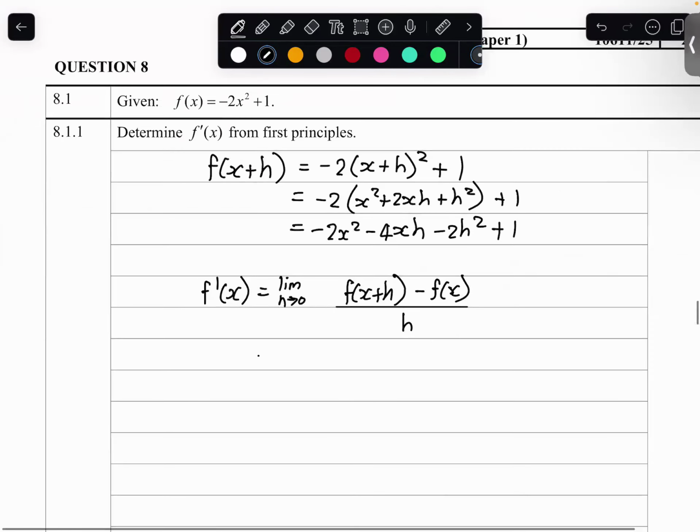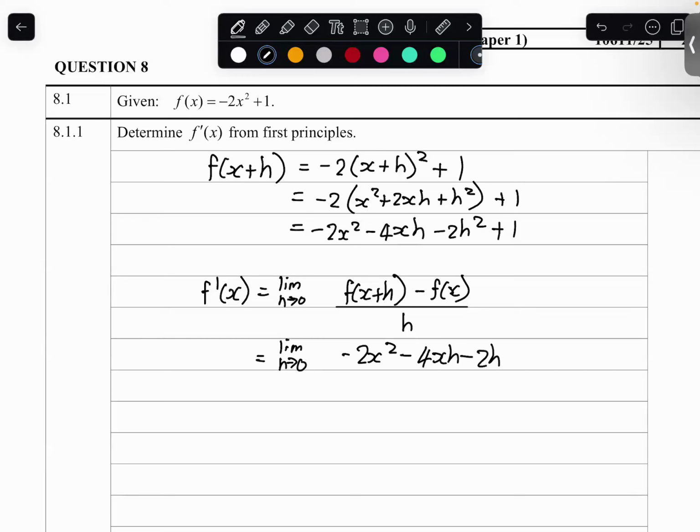Right, and then you're going to sub in. So this is the limit as h tends to 0. F of x plus h is this whole drama. So we have minus 2x squared minus 4xh minus 2h squared plus 1 minus f of x, which is this. So keep a bracket when you're subtracting more than one term. That's all over h.